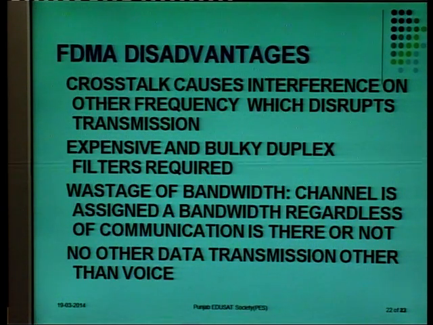A channel is assigned a bandwidth regardless of whether communication is there or not. As in the car example, whether we are using the car the whole time or it is free and idle, similarly if we allot a particular bandwidth to a channel, whether it is transmitting or not, no other channel can use that bandwidth.